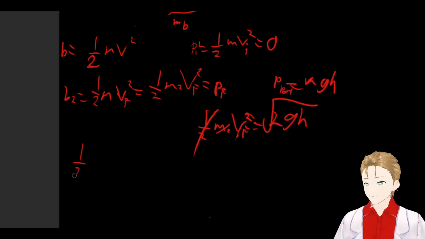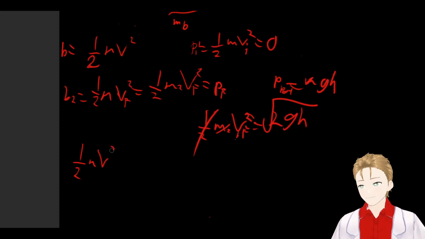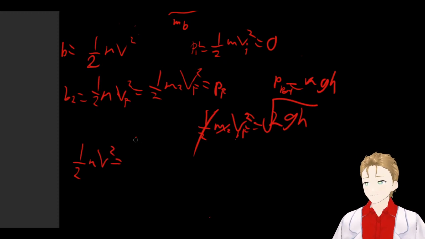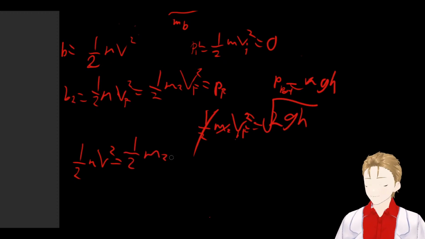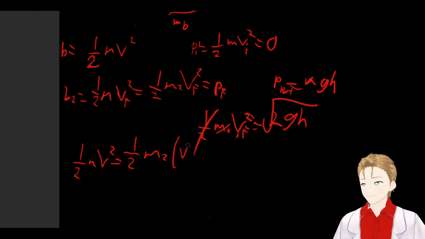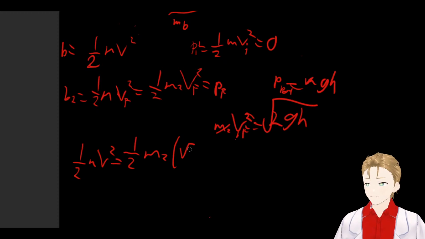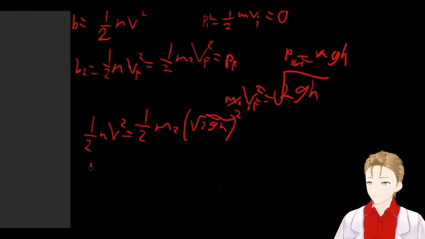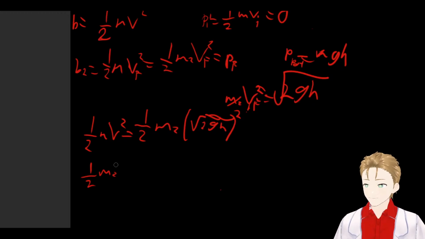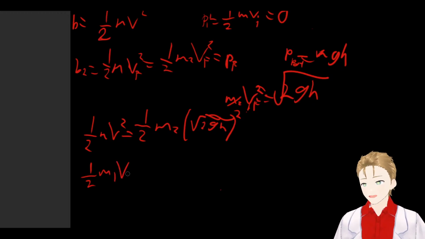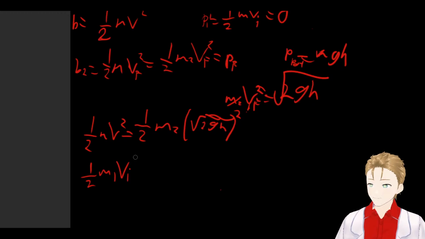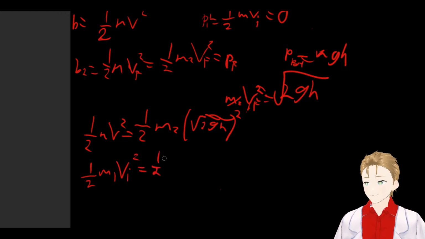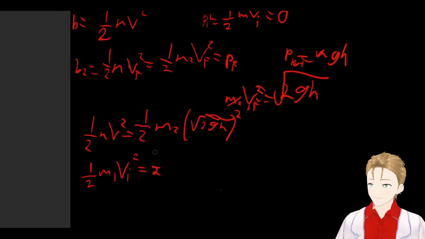So if I now do mass velocity initial is supposed to be 1/2 secondary mass times. No, I feel something is wrong. I'm going to go with it. 1/2 mass, this one initial. Wait, 1/2 mass 2.